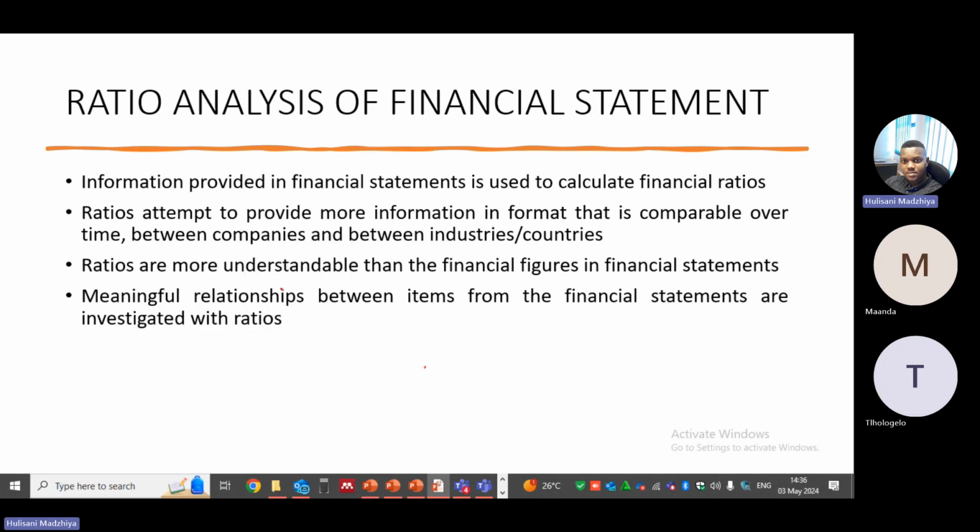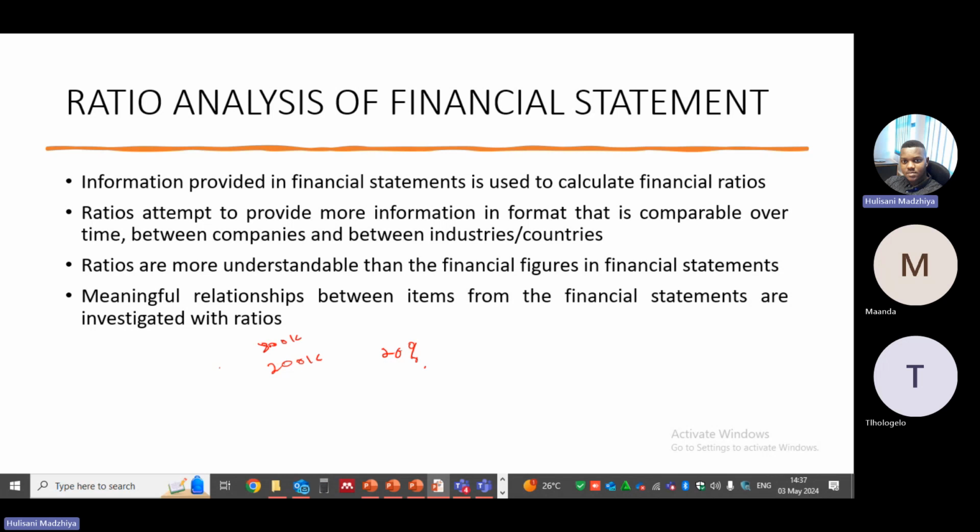Here it says that information provided in financial statements is used to calculate financial ratios. Financial ratios provide more details about the company's performance. If the ratio says 20%, this 20% gives us more meaning than just looking at the figures, such as the company made a profit of 200,000 and their revenue, or sales, was 800,000.